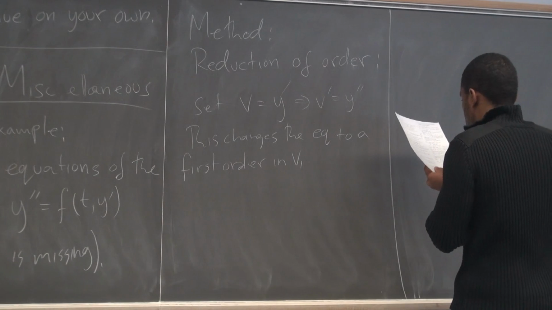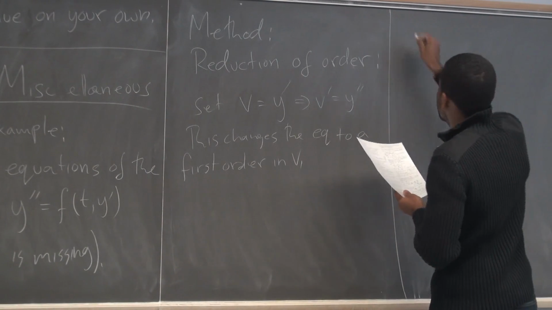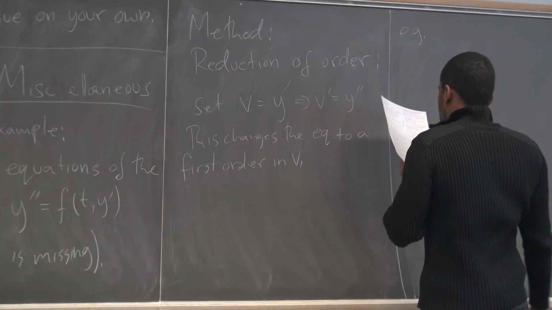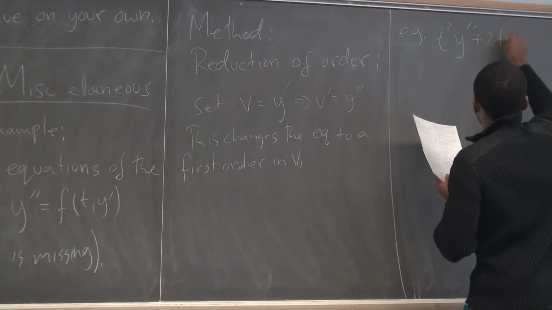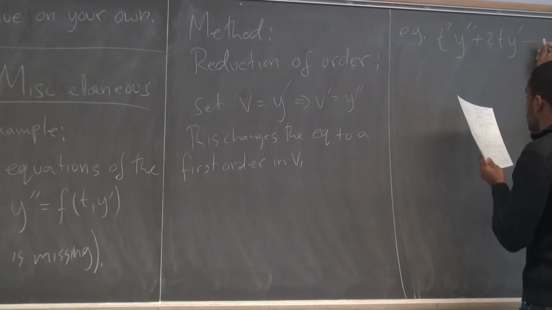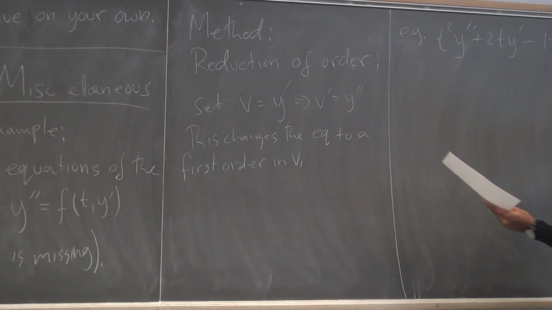So an example of such a question might look like t squared y double prime plus 2ty prime minus 1 equals 0. And assume t is greater than 0.